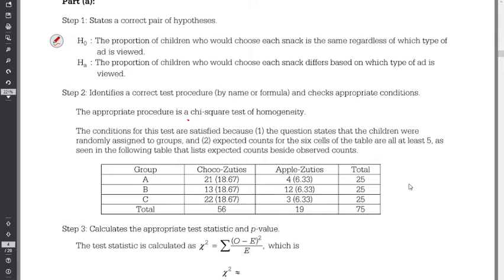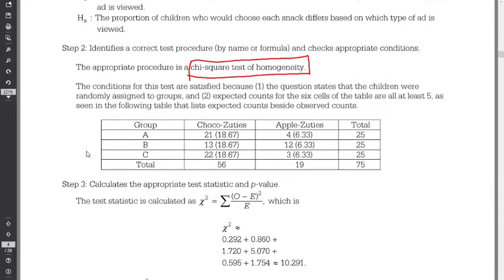So you either need to say chi-square test of homogeneity, again, they also took association, or you need to have this formula here without the numbers plugged in. Formula with the numbers plugged in is good too, but you need to have one of these two things in order to get the points for stating the name of the test, because the formula implies the name of the test. Formula with the numbers plugged in does not.